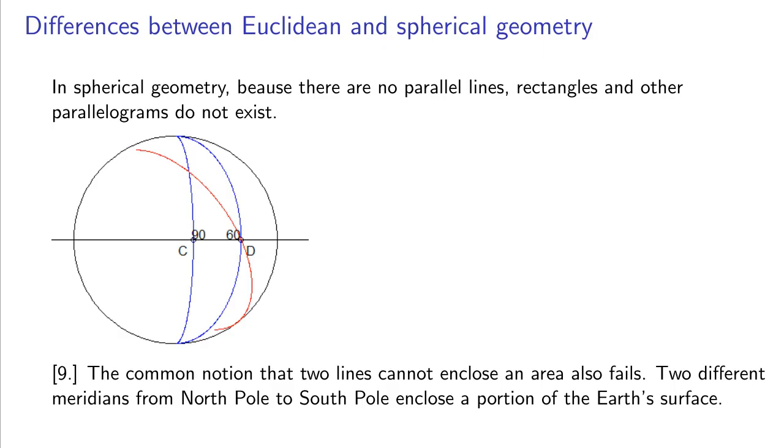Now remember common notions? In the version of the common notions where there are 9 of them, the ninth one is two lines cannot enclose an area. And if you consider two different meridians, this one and that one, from the North Pole to the South Pole, they certainly enclose an area. They enclose a portion of the Earth's surface. So not only does the fifth postulate fail, the ninth common notion also fails in spherical geometry.